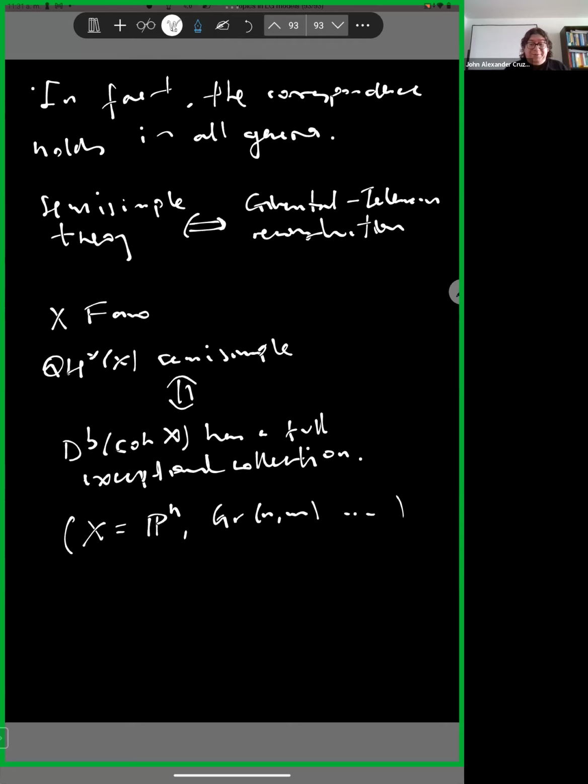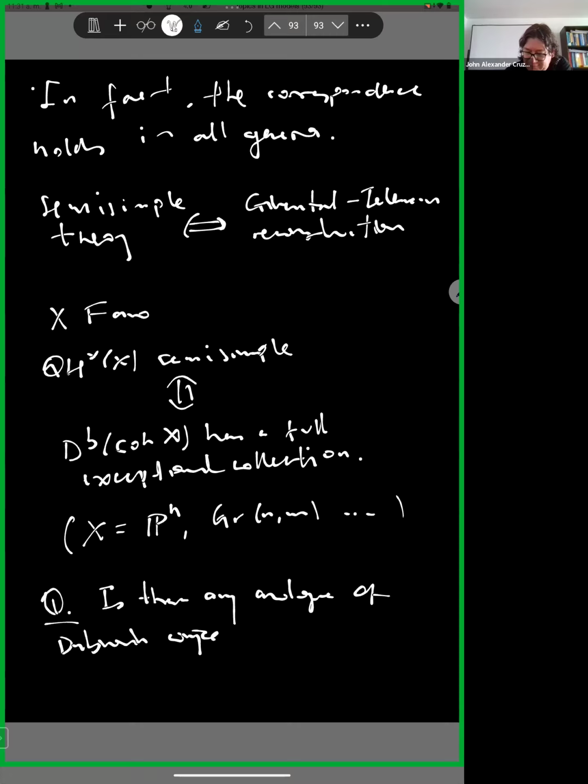So good. Now we produce this semi-simple theory also for these holomorphic symplectic manifolds. So I want to finish by asking: is there any analog of the Dubrovin conjecture in this setting?